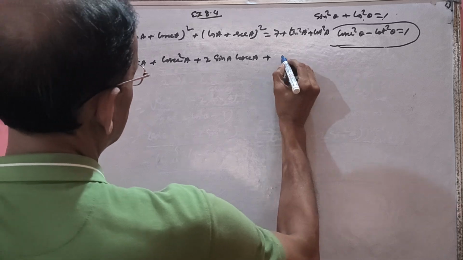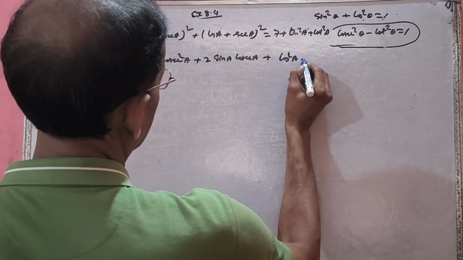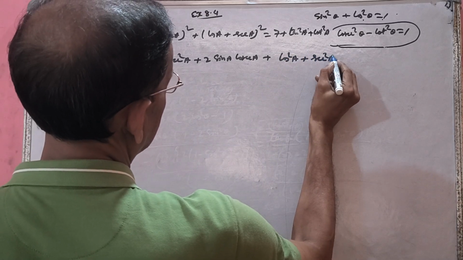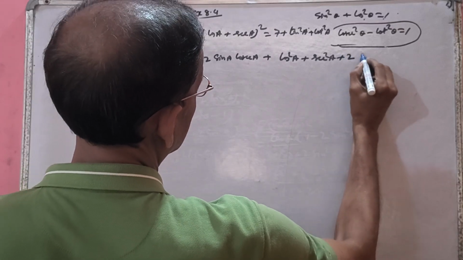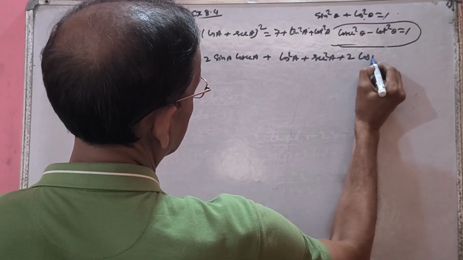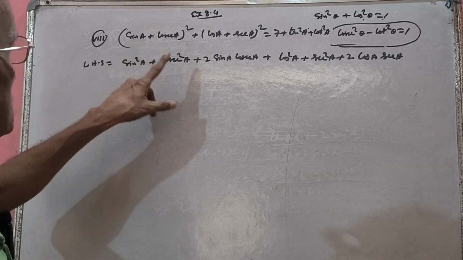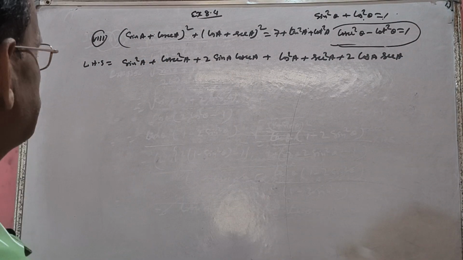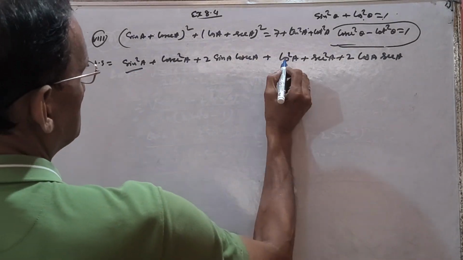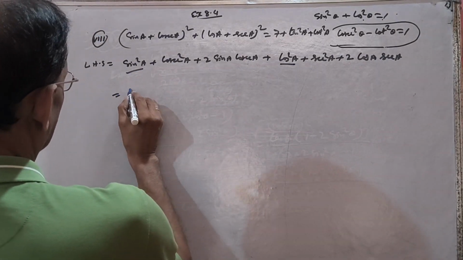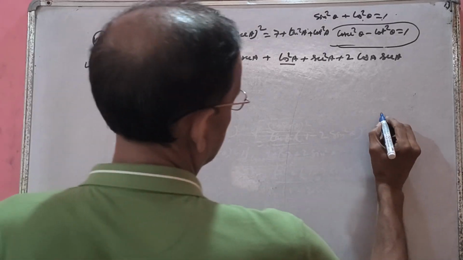Again, A plus B whole square, what we can write? A square plus B square plus 2AB. Understood this? A plus B whole square formula, simple only. This sin square A plus cos square A, what we will get? 1. See here.